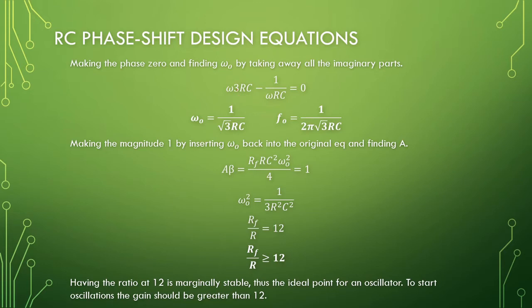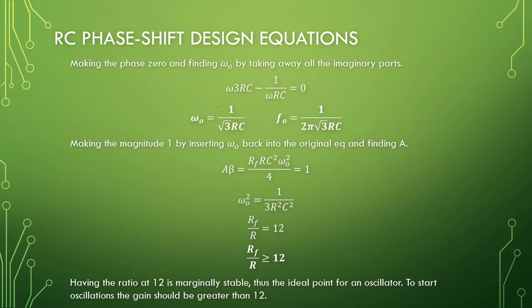So, equating this to 0, we will find that our oscillation frequency is 1 over 2 pi root of 3 times RC. And then we are left with RF RC squared omega 0 squared.